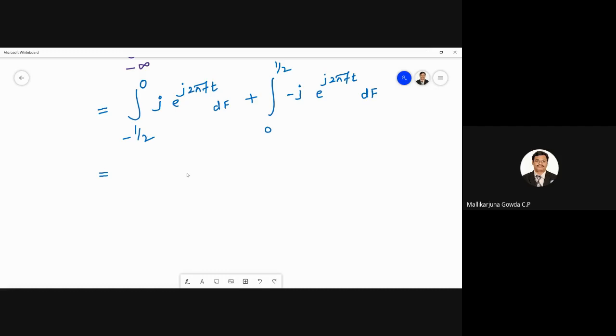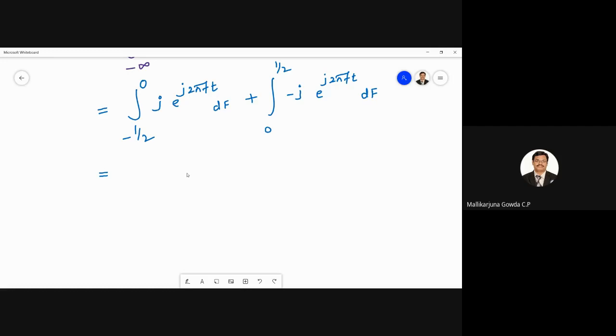Simplify, substitute the limits, and I think two more steps are there. I hope we will be able to do that. Just think. By the way, what is the integral of e power j x into dx, if I treat that as x?